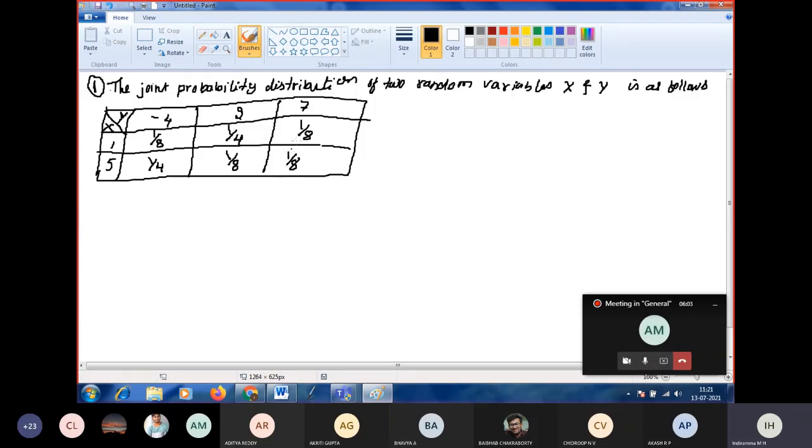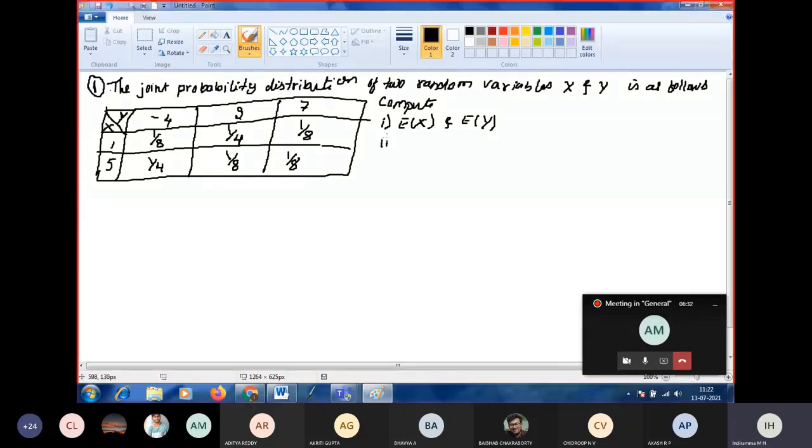So compute, first one, E of x. What is the meaning of E of x? E stands for expectation. Expectation means mean. Mean of x and mean of y we have to find.